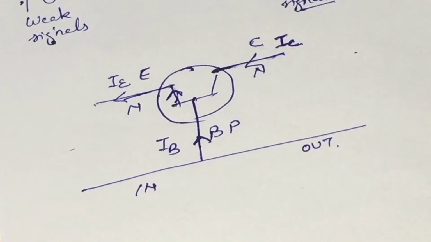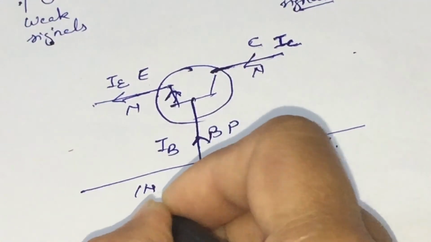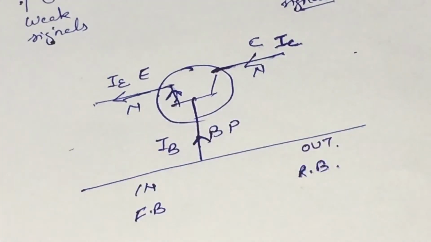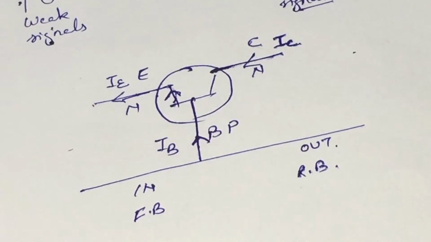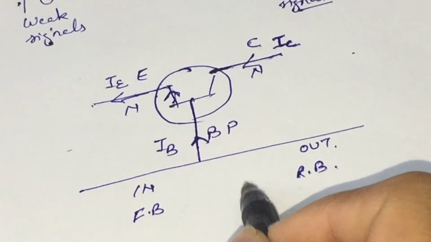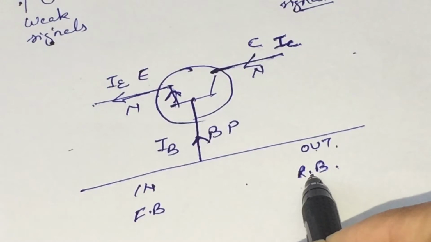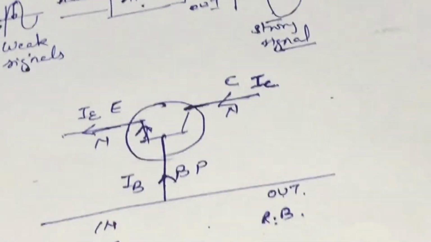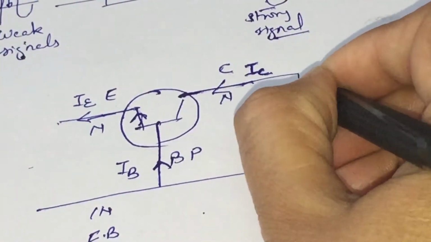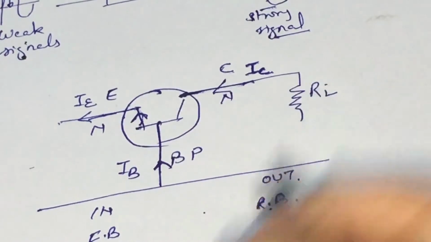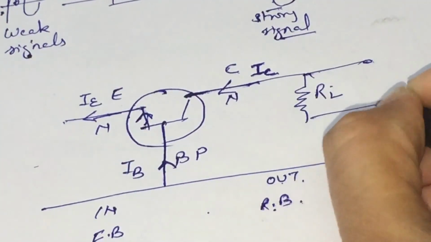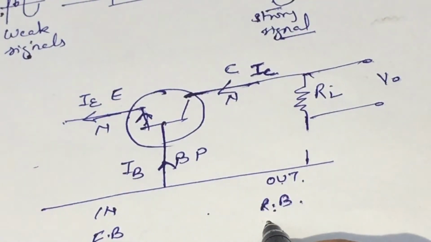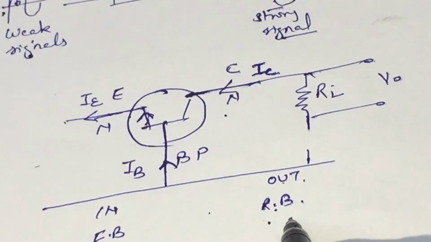For the proper functioning of the transistor, we make the input side forward biased and the output side reverse biased. As we have to take the output signal also, we will connect our output side with a heavy load resistance across which we will take our output, and we make the output reverse biased.